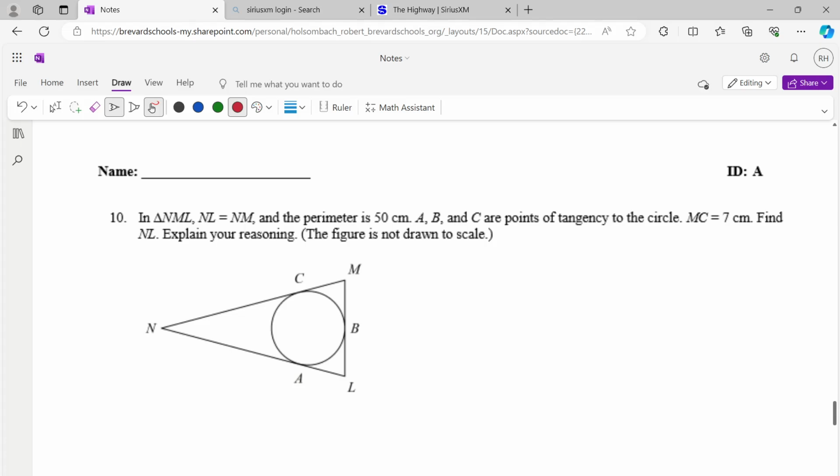All right, problem number 10. Triangle NML. NL, the whole left side, is congruent to NM. These two pieces are congruent. The perimeter is 50.